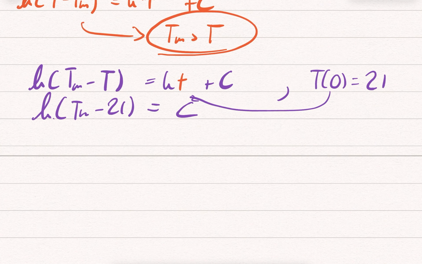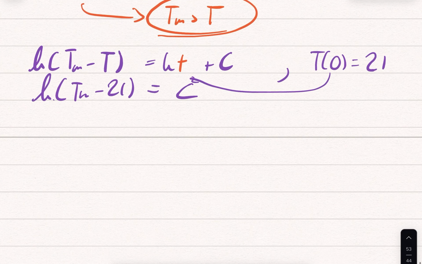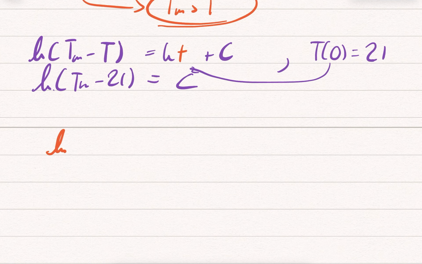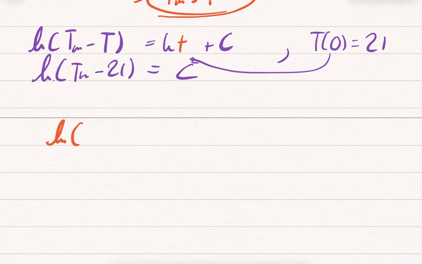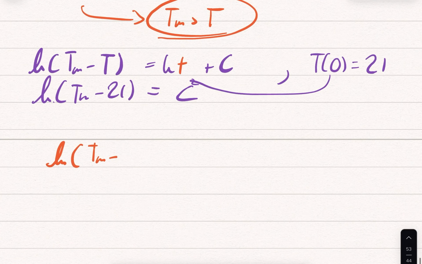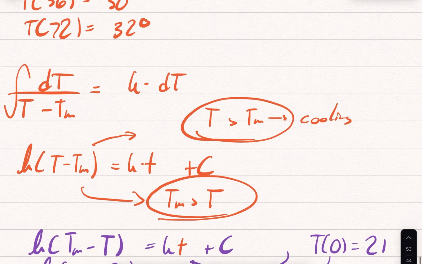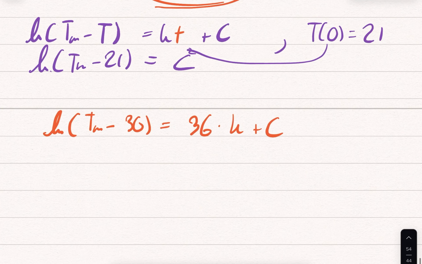Now, given this, I have two other points that I need to use, and you're going to see where I'm going with this. Just follow along. I have ln of Tm minus 30 equals 36 times K plus C. Remember that 36 got distributed here.